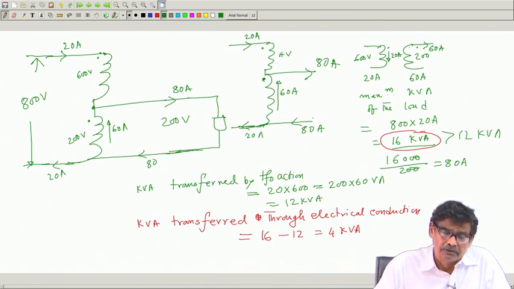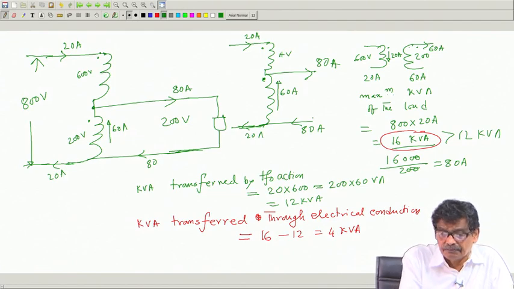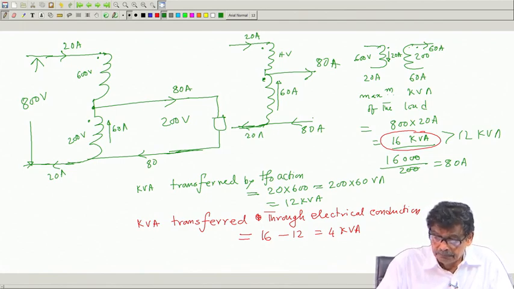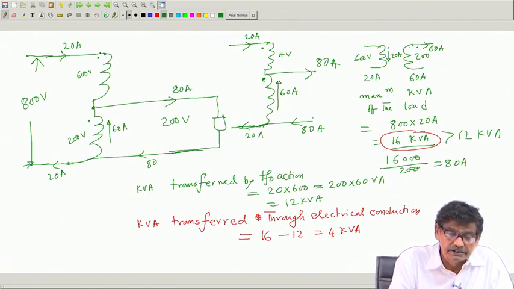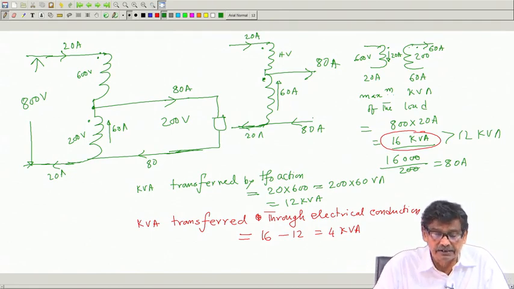We also said that this is possible in this mode of connection because power will be transferred from a source to the load side by two actions. One is transformer action, another is electrical conduction.